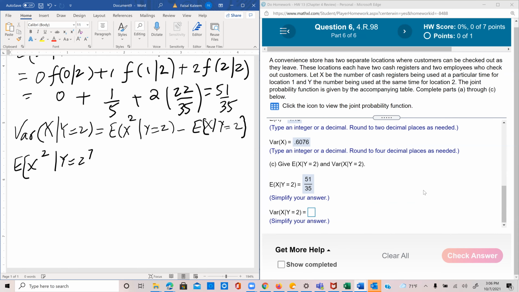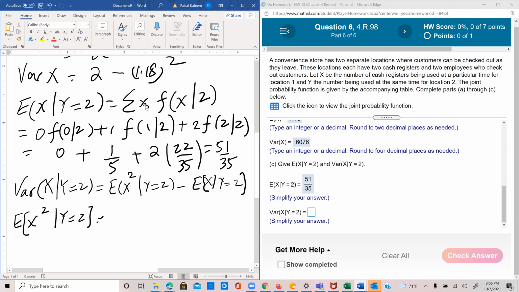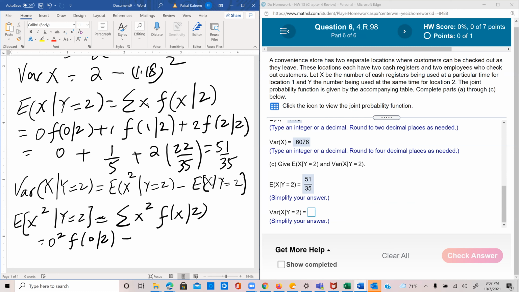It would be the same as the E of x thing, but now instead of x, we will have x squared. So it would be summation of x squared f of x given 2. So 0 squared f of 0 given 2 plus 1 squared f of 1 given 2 plus 2 squared f of 2 given 2.